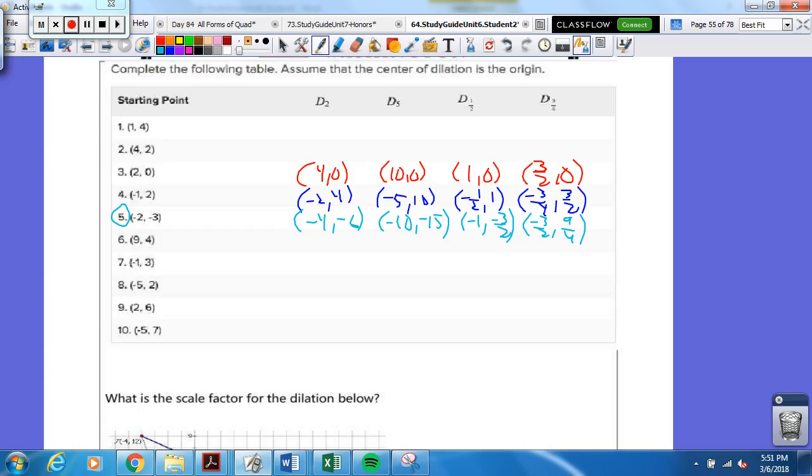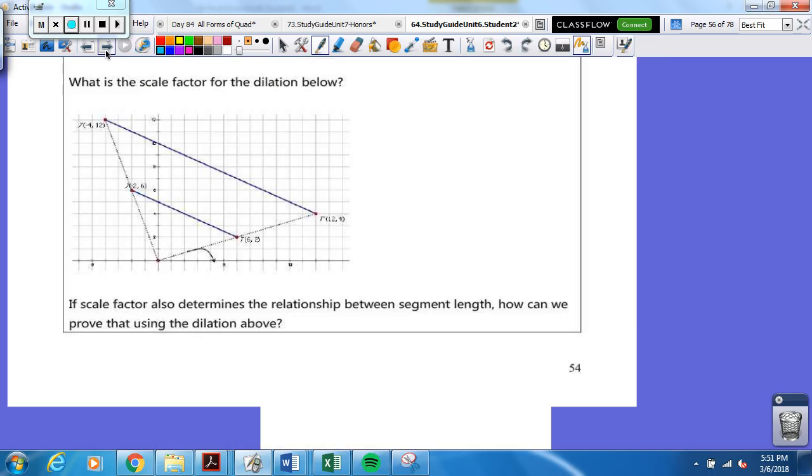Got it. Okay, so that is the first part. Last question, let's check it out. If scale factor also determines the relationship between segment length, how can we prove that using the dilation above? Okay, so let's look at these points right here. So we have J, which is -2, 6.